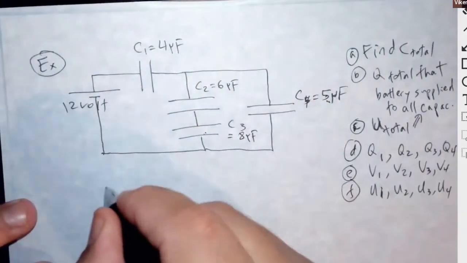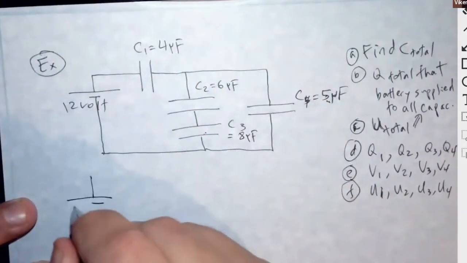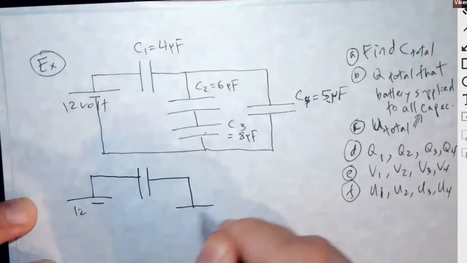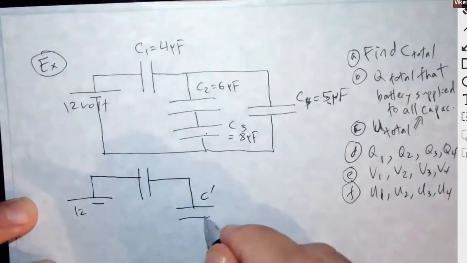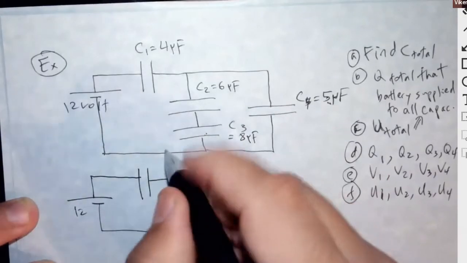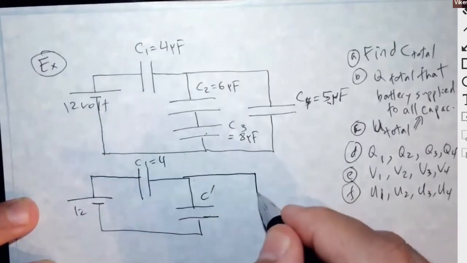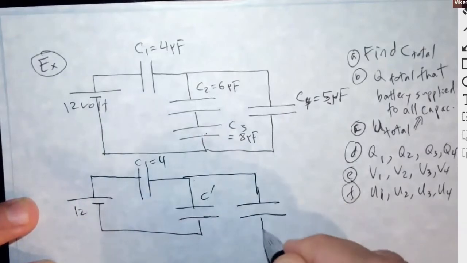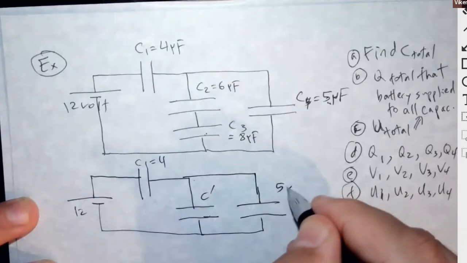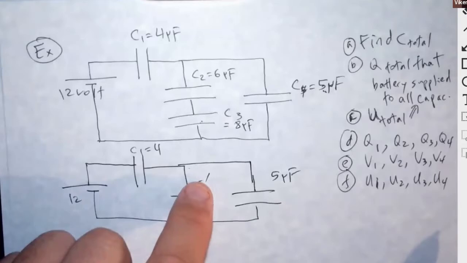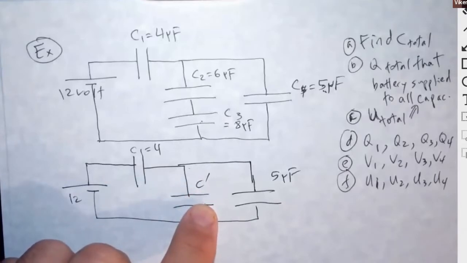So the next step, therefore, is to call these two C prime. So in each stage, you are reducing the circuit to a simpler looking circuit, you see.